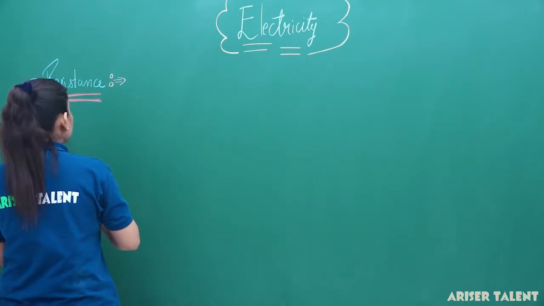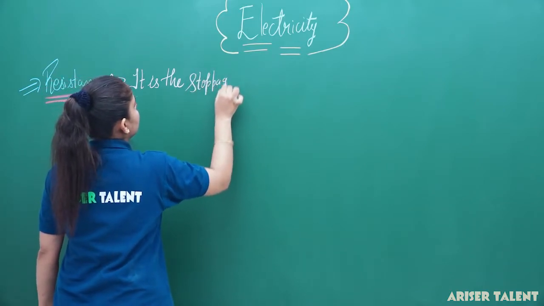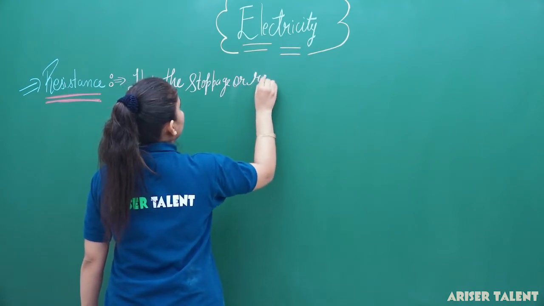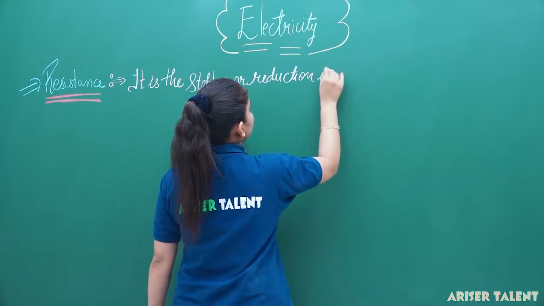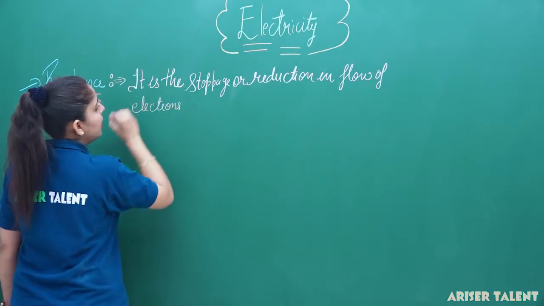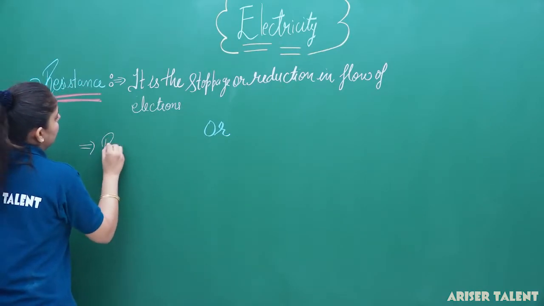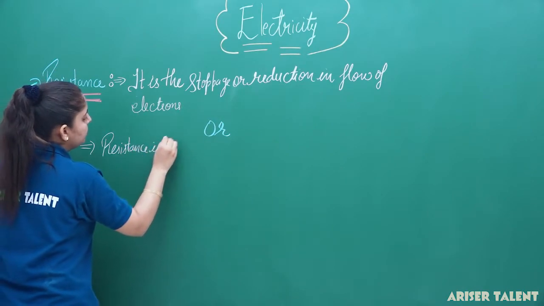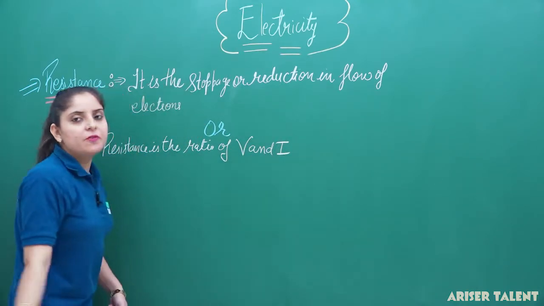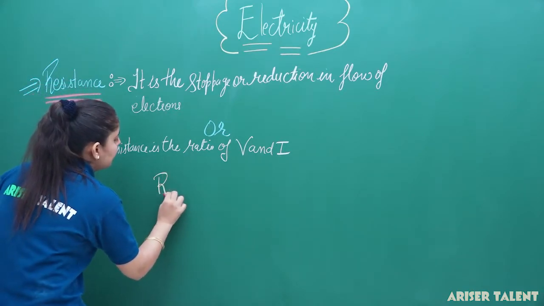In general terms, it is the stoppage or reduction in the flow of electrons, or in other terms we can say that resistance will be the ratio of V and I. It means the potential difference applied across the ends of any conductor to the current, and in general we can also write it as R is equal to V upon I.